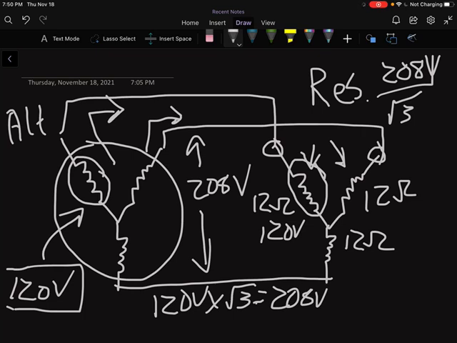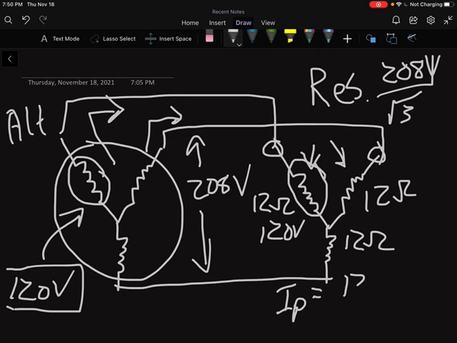We have 12 ohms, trying to keep the math simple. And if we now go to calculate out, I'm just going to erase some of this at the bottom. If I wanted to figure out our phase current, I phase is equal to 120 volts divided by 12 ohms, and that's going to give us a phase current of 10 amps.